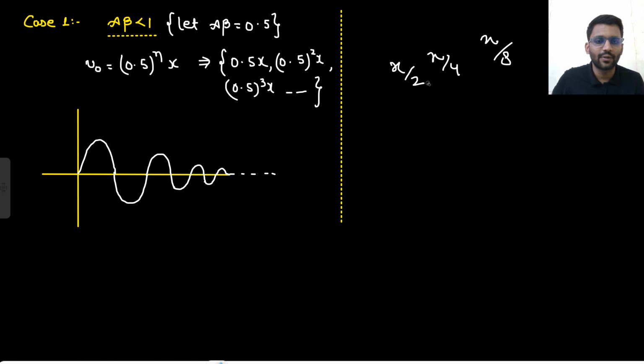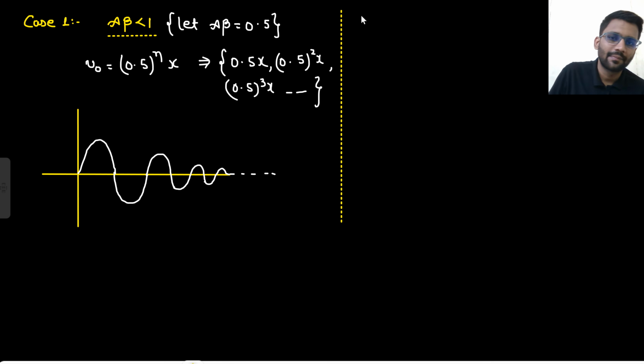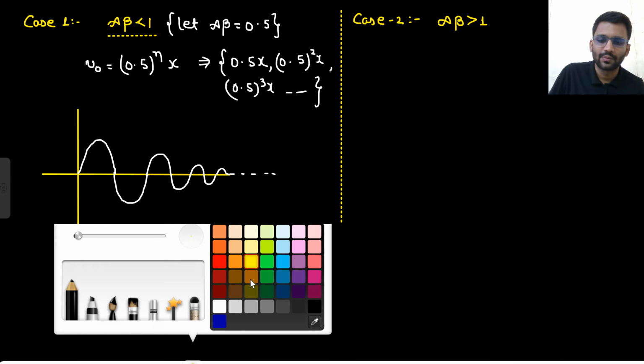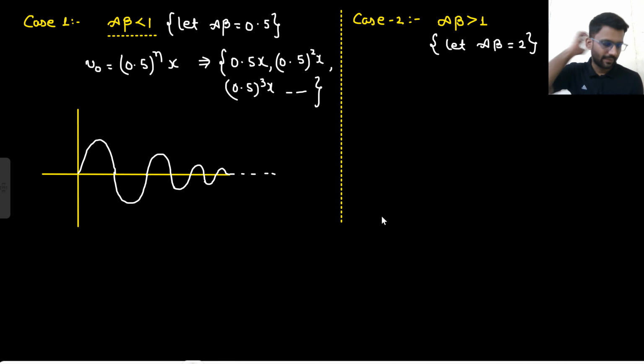Now let's take the case for A beta greater than 1. Case 2: A beta greater than 1. Let A beta equal 2.